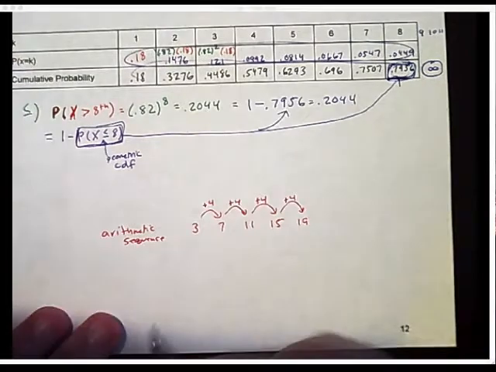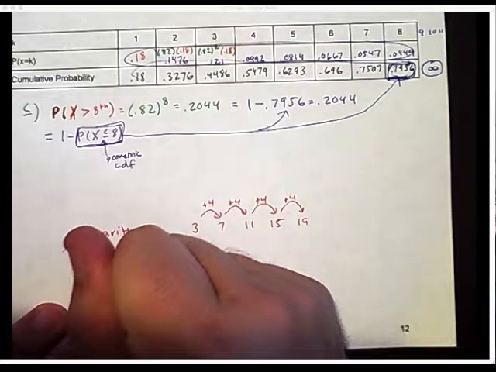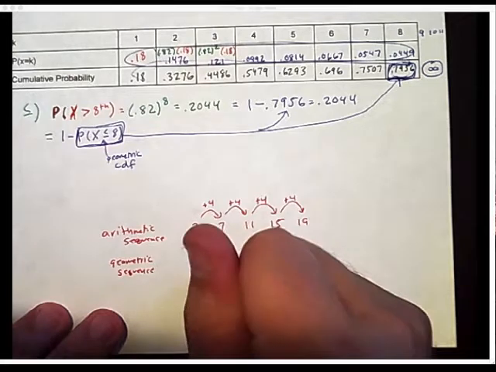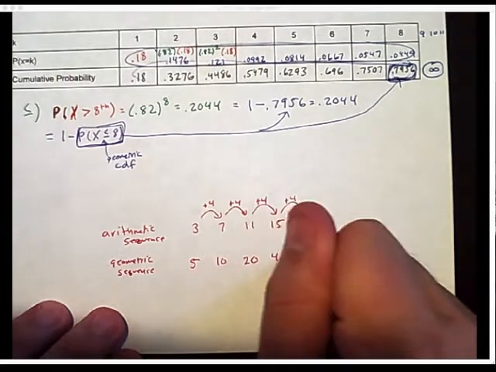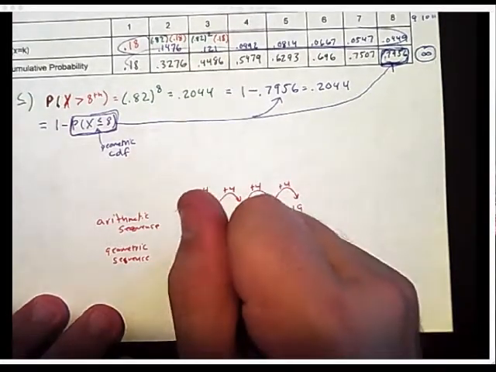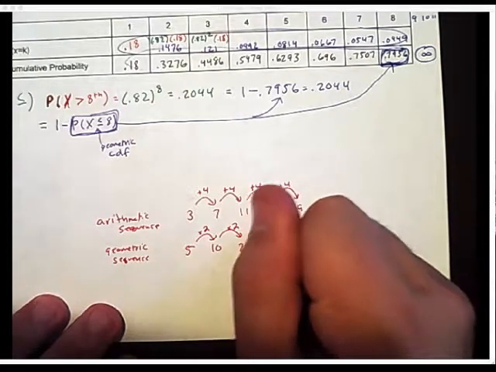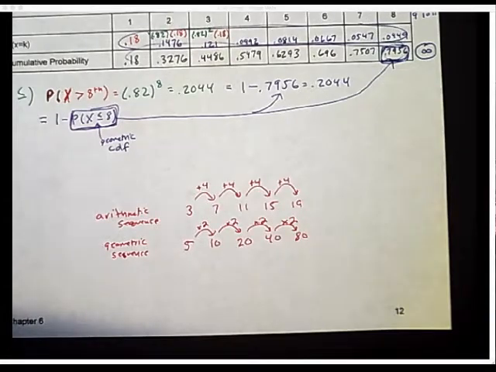But with a geometric sequence, I'll give you an example here. Okay, I'm just going to start at a number. What's different about that, instead of adding, you're multiplying. You're multiplying by the same number each time.